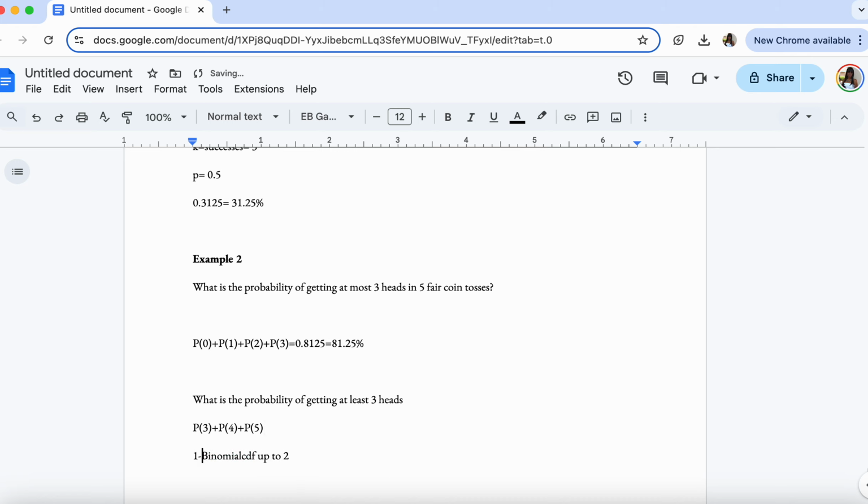So 1 minus the probability up to 2. And that will give you 3, 4, and 5. So again, if we wanted to find the probability of getting at least 3, that's 3, 4, and 5, we would have to find the probability of getting up to 2, so that's 0, 1, 2, that's everything else, and so we can then subtract that from 1.